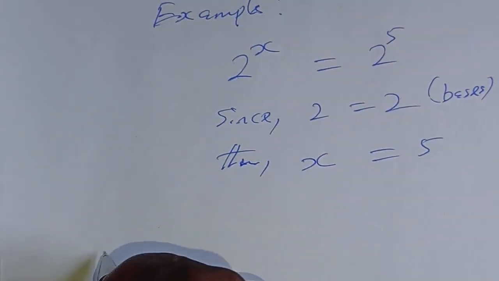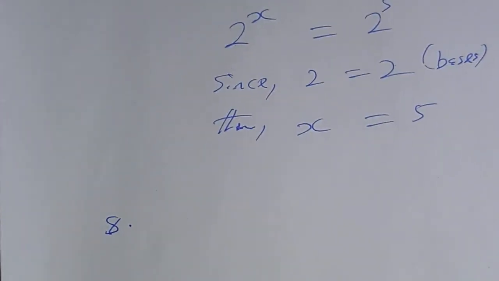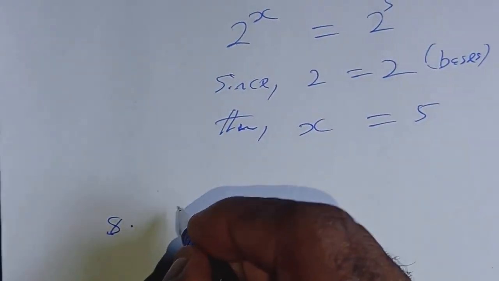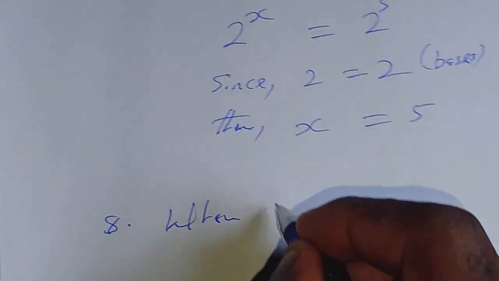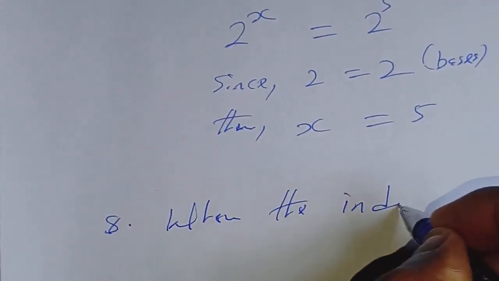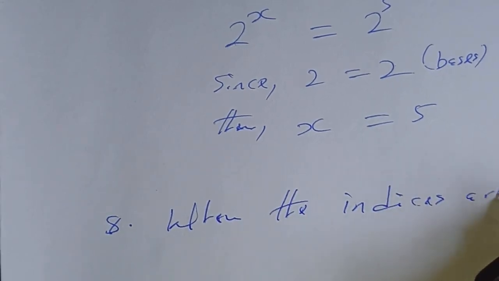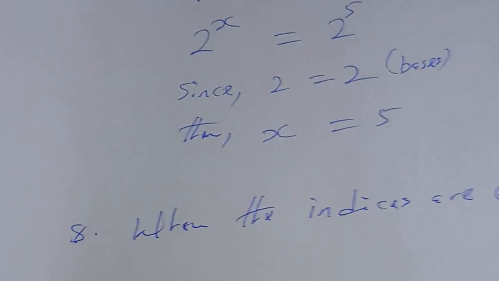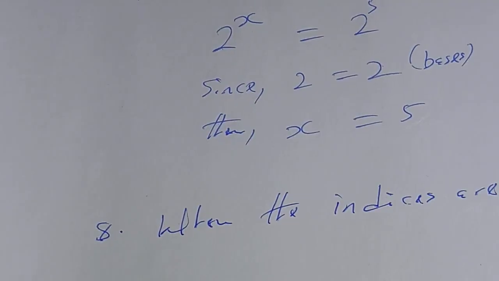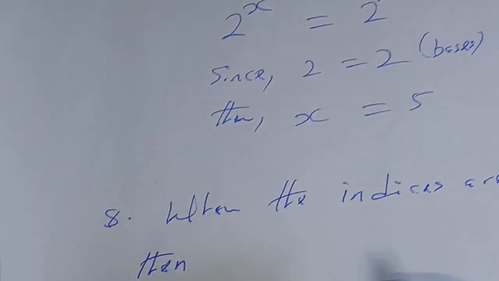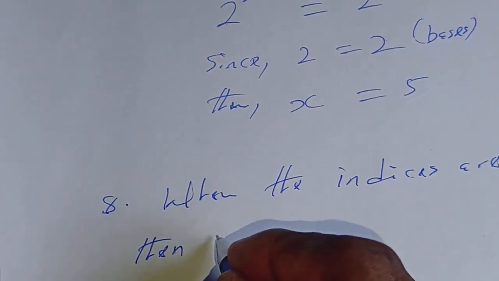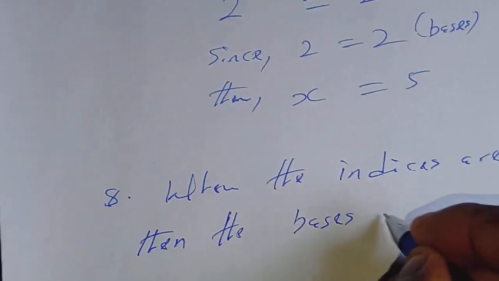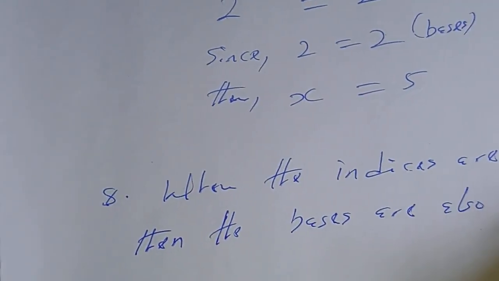So let's take law number 8 now. Law number 8 is the converse of this, the opposite of this. It states that when the indices are equal, the powers, then the bases are also equal.